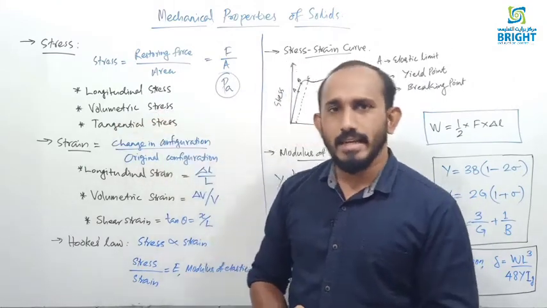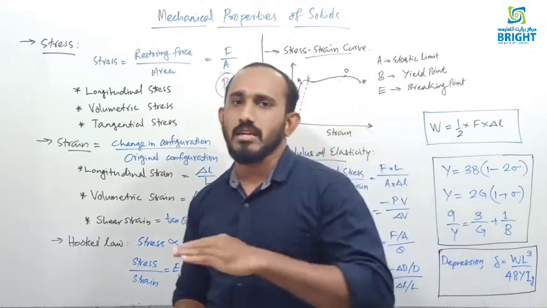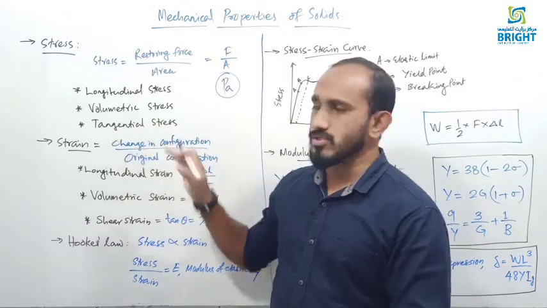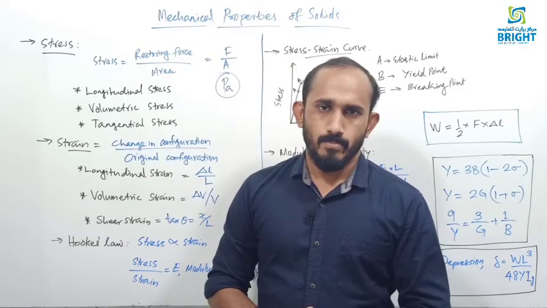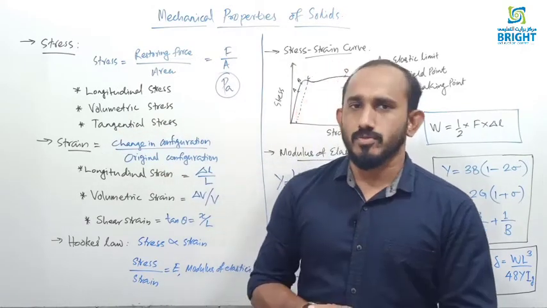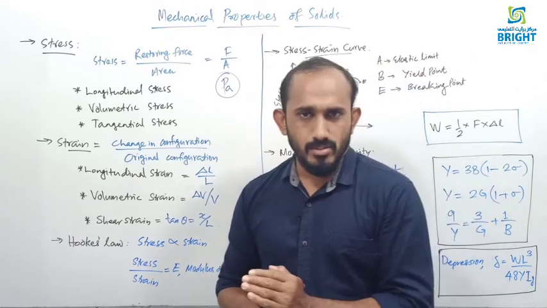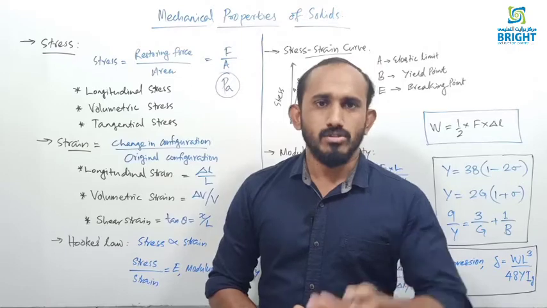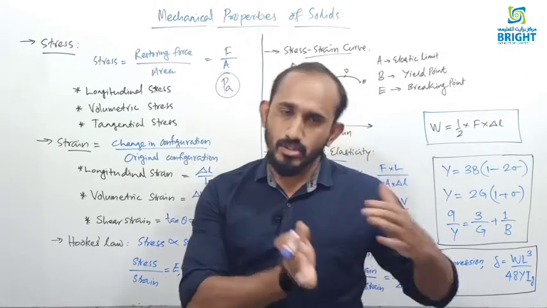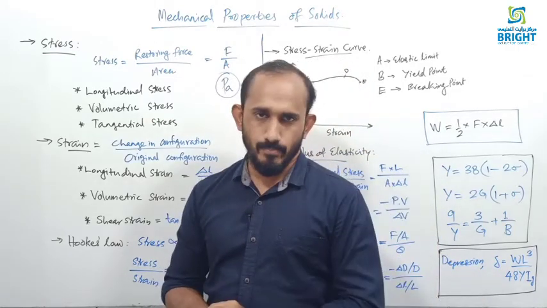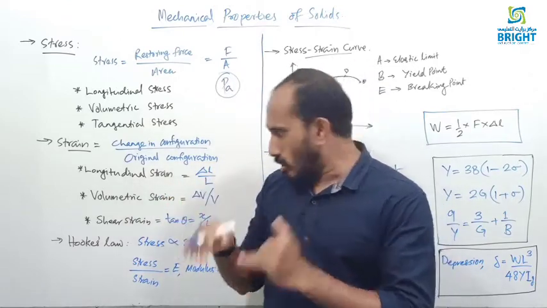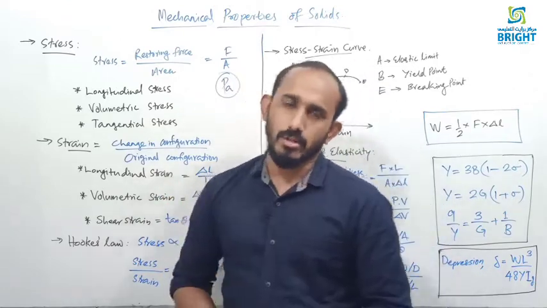If the stress created is tangential to the surface of the body, then we'll call it tangential stress. So these were three concepts we have: longitudinal stress, volumetric stress and tangential stress. Based on these, the effect on the body will be different. So one term, stress, is important in this concept in order to know the elasticity actually.